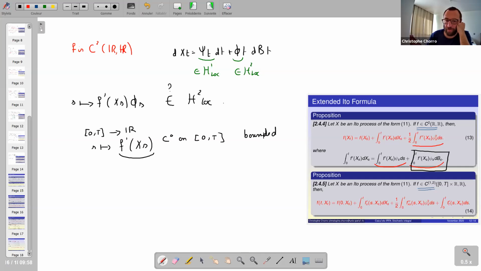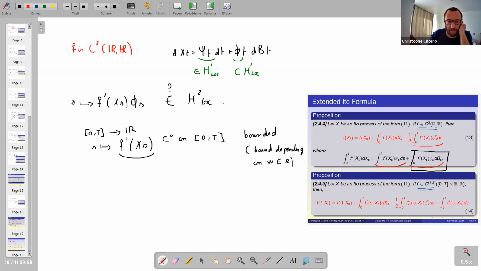So you have a bound depending, of course, on omega that belongs to Omega. But for each omega, I know that this mapping is bounded, because it is continuous on 0 capital T.